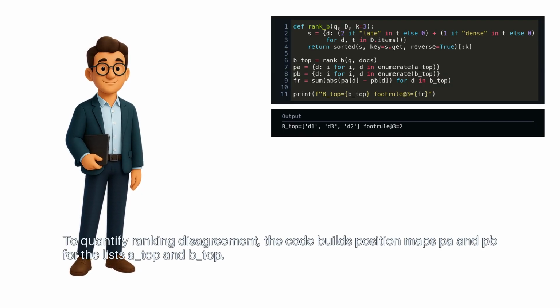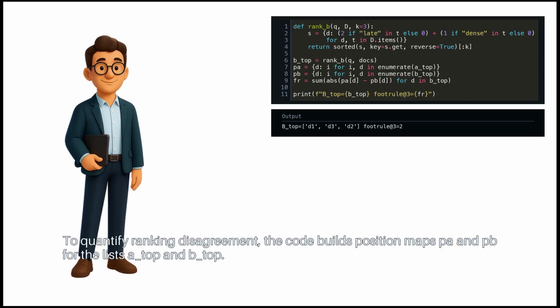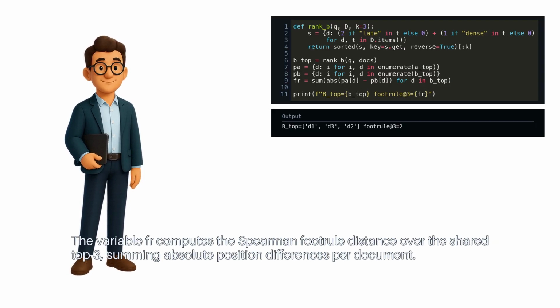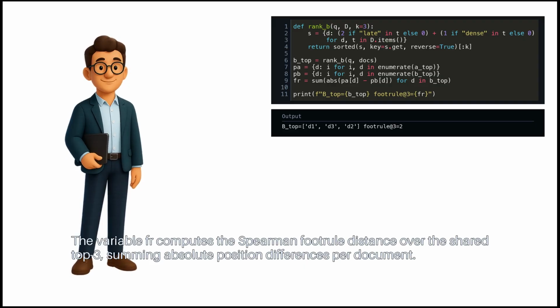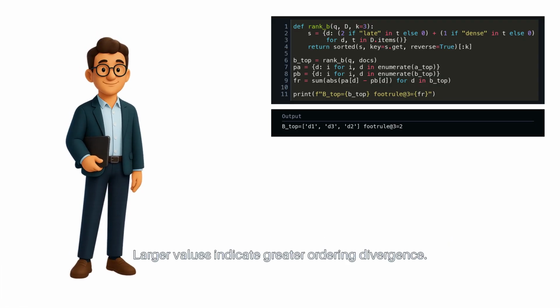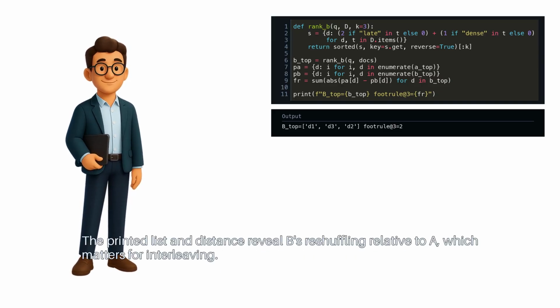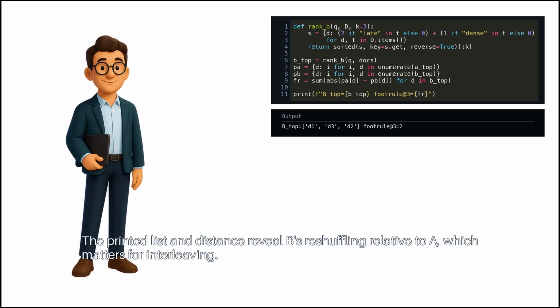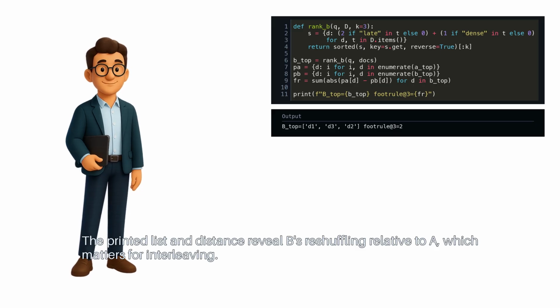To quantify ranking disagreement, the code builds position maps, PA and PB, for the lists A top and B top. The variable FR computes the Spearman footrule distance over the shared top 3, summing absolute position differences per document. Larger values indicate greater ordering divergence. The printed list and distance reveal B's reshuffling relative to A, which matters for interleaving.